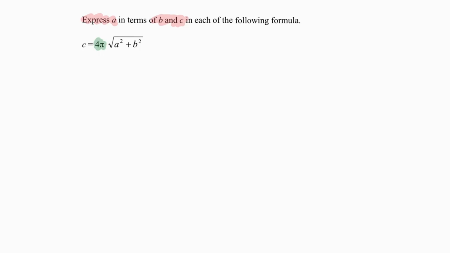I am going to make sure that I don't see this 4 pi on this side first, so that one side only have all the terms with the A. So I'm going to divide 4 pi on both sides, such that you will see this in the next line. I'm left with the positive root of A square plus B square.